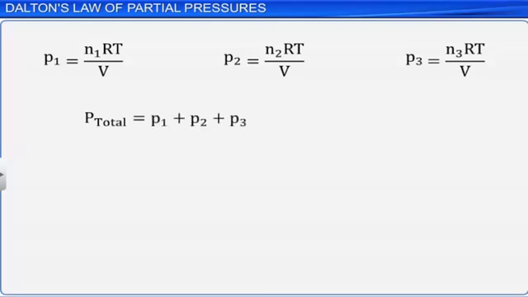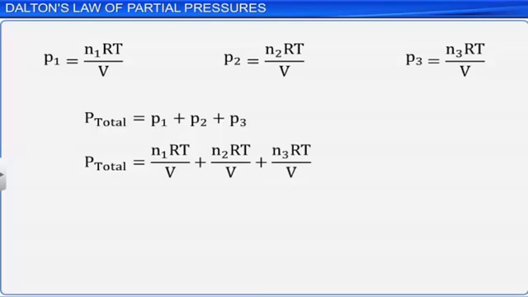On substituting the values of P1, P2, and P3, we get P total equals N1RT divided by V plus N2RT divided by V plus N3RT divided by V. On simplifying, we get P total is equal to N1 plus N2 plus N3 multiplied by RT divided by V.